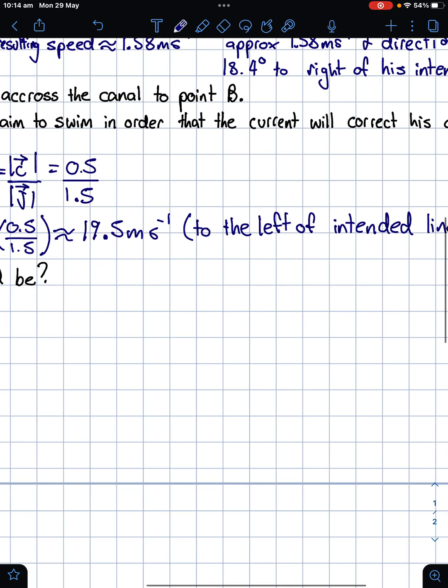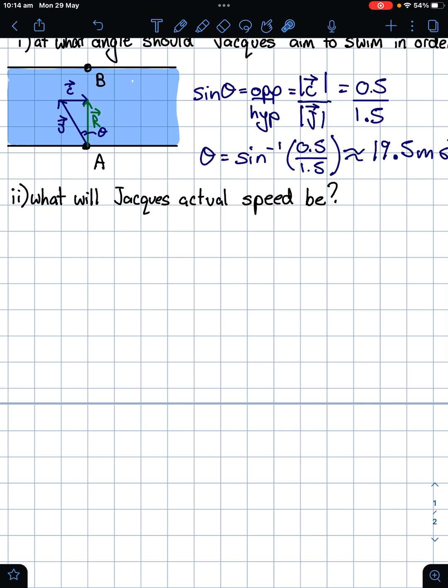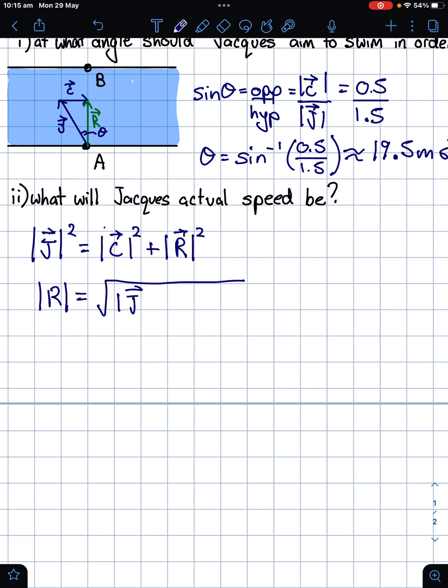So then our next bit here is we've got to consider this as a right angle triangle here, where we're looking to find the resultant speed. So this time the Jacobs swimming vector is going to be equal to the two shorter sides, which is the current squared plus the resultant vector squared. Because we're going to find the resultant vector, it's going to equal the square root of the Jacobs swimming vector squared minus the current vector squared.